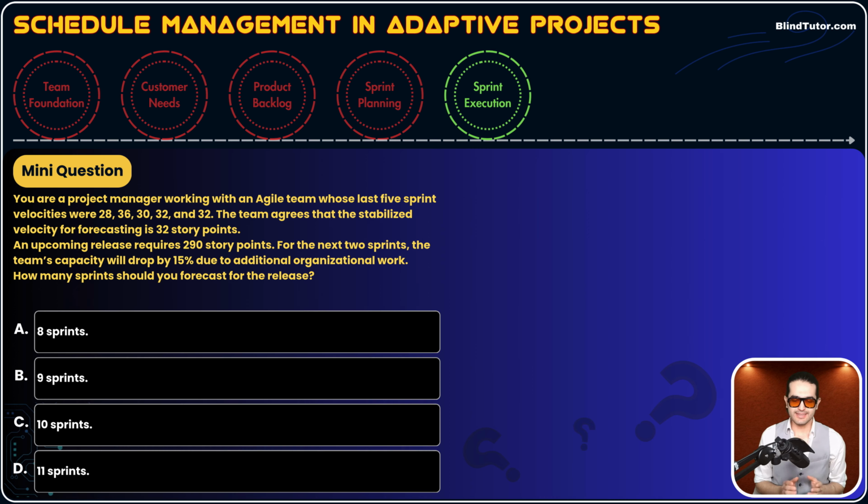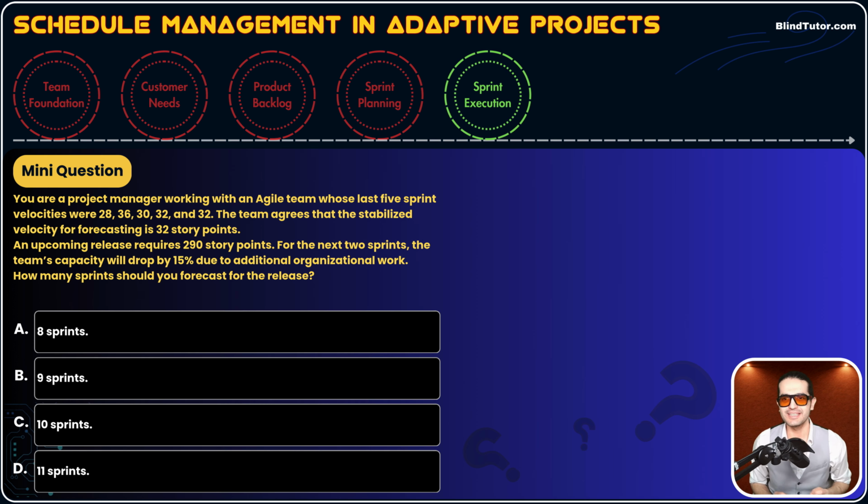The question says that for the next 2 sprints, the team, instead of 32 story points, could complete 32 times 0.85. So they could complete 85% of their velocity. Why? Because there's a 15% drop in the capacity.